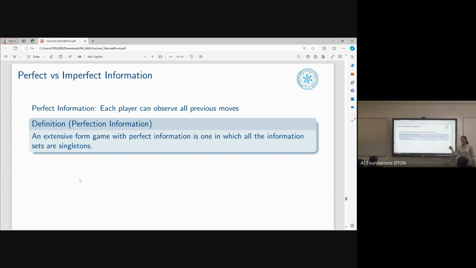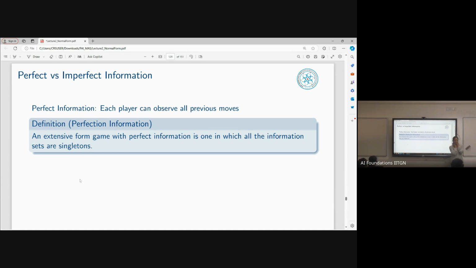So at any point of time, if you're not able to observe what move the previous player has made, then that is called a game of imperfect information. So perfect information is you need to know what player 1 has played at any point of time.